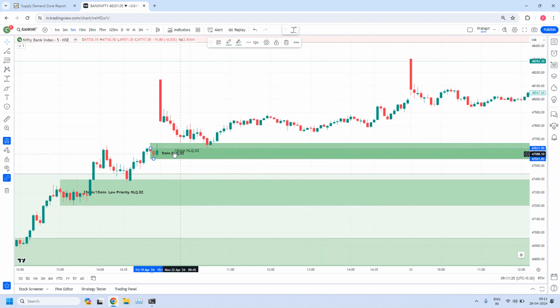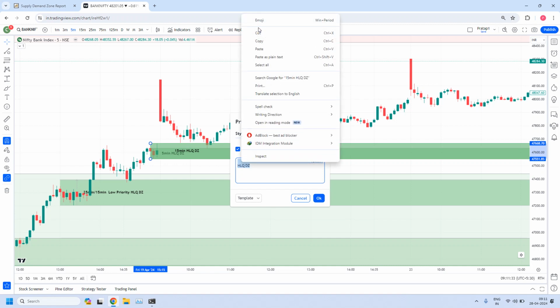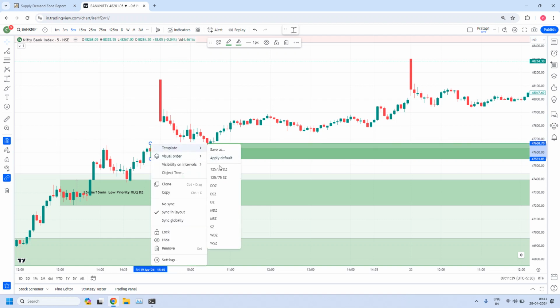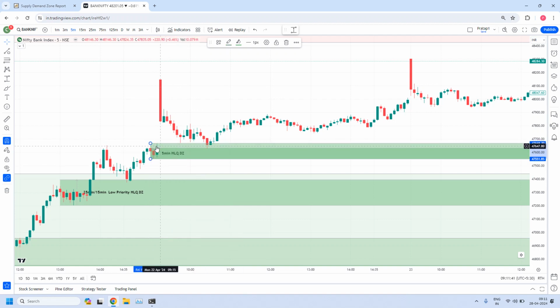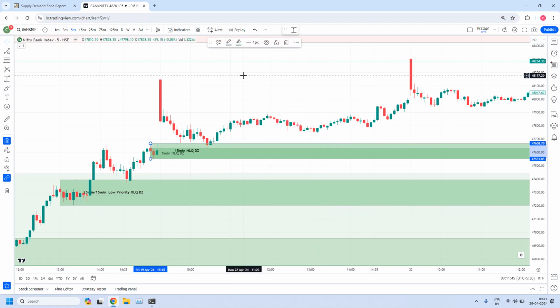So remember the 15-minute zone and 5-minute zones. Let me reduce the color thickness of the 15-minute zone. You will get clarity. Now you have clarity.